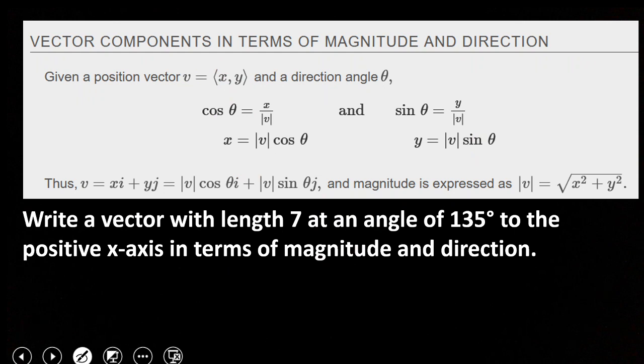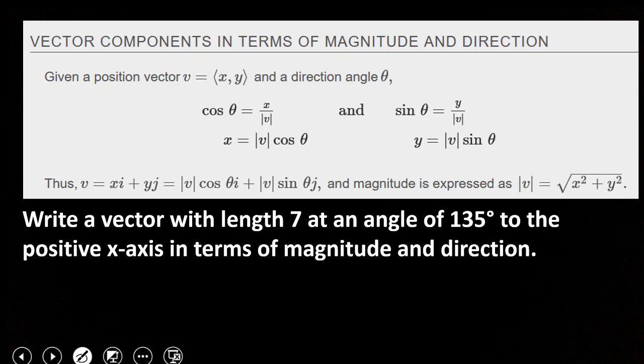Vector components in terms of magnitude and direction. Now, we said that vectors have magnitude and direction. So the magnitude of a vector is given, of course, by the absolute value of v. What is the direction? How do you find the direction of a vector?